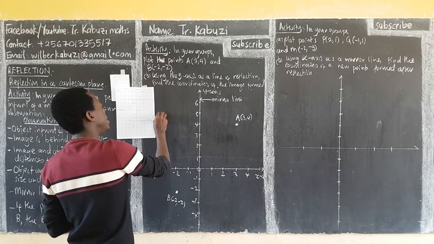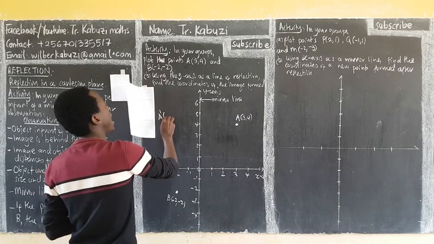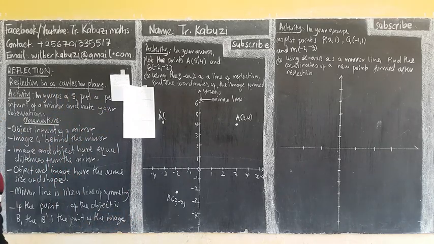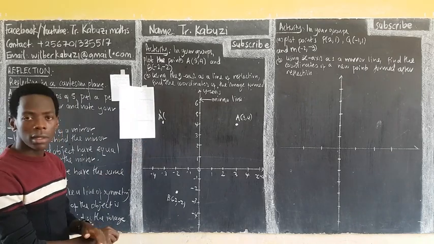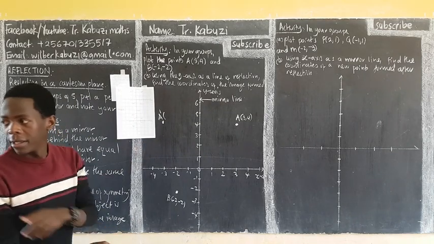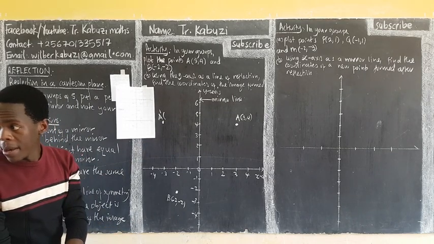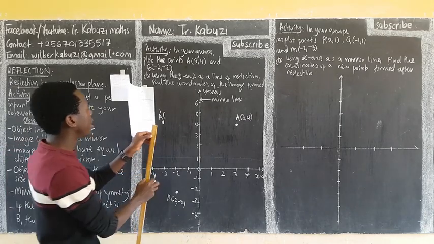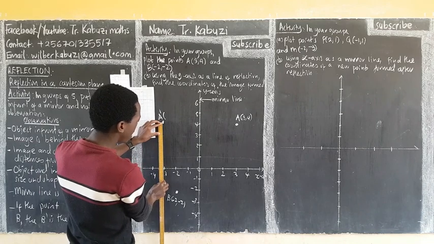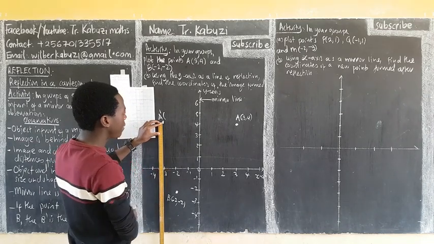But you say the image is represented with a line. Remember that? Now, can you read the coordinates? How do you read the coordinates? We read the x, then the y. So here, what is the x? My x is negative 3.